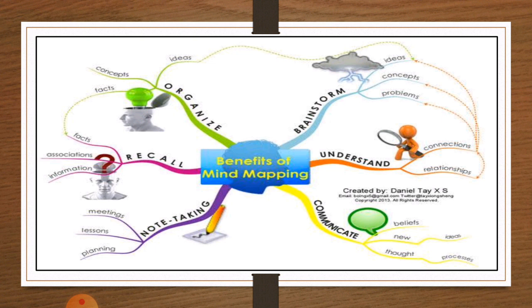Then during meetings, lessons and while planning, you can prepare your notes by using mind maps. If you want to recall some facts, associations and information, mind map is so useful. You can organize your ideas, concepts and facts precisely with the help of mind mapping. So in this way, mind mapping is very useful and beneficial in your life.